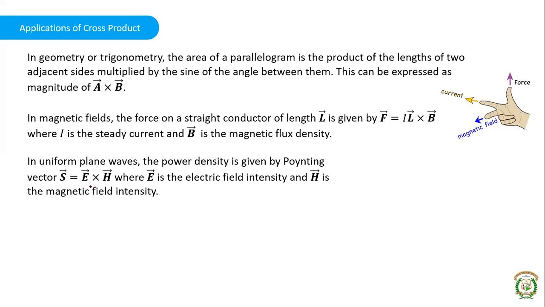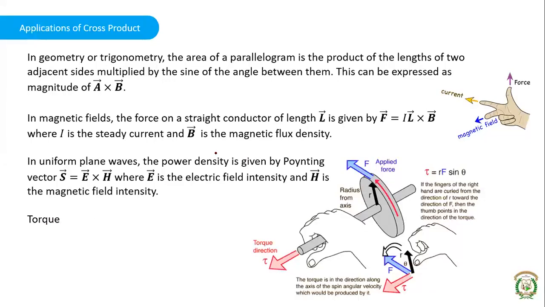One more example which you might have studied in physics is to find the torque. The torque is given by R cross F, where R is the radius and F is the force. That R cross F can be given as RF sine theta. Okay, this is nothing but the torque. This is actually the cross product. R cross F will give you RF sine theta, and using this thumb rule, we can get the direction of the torque.